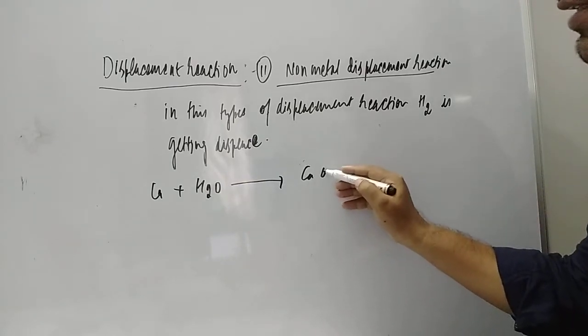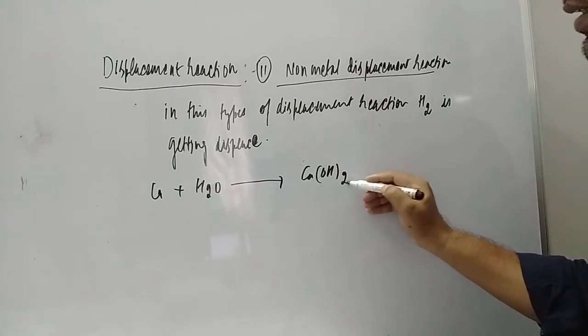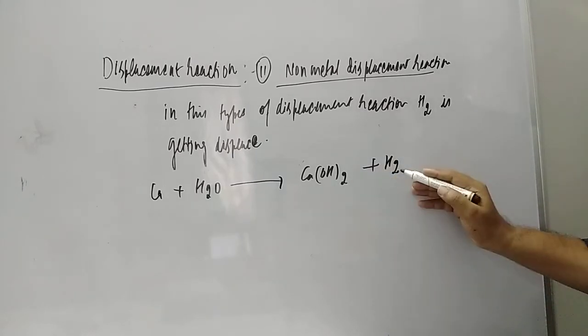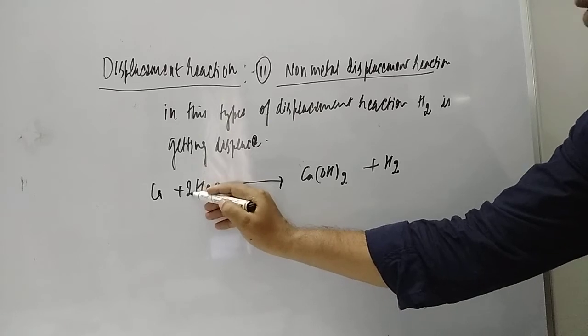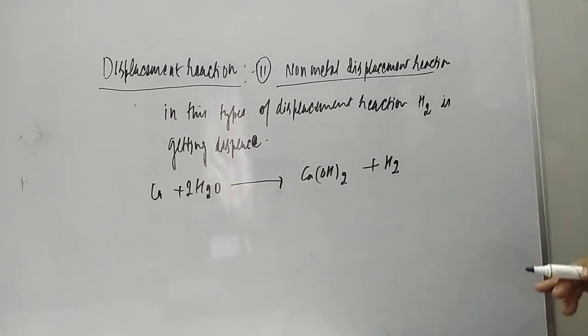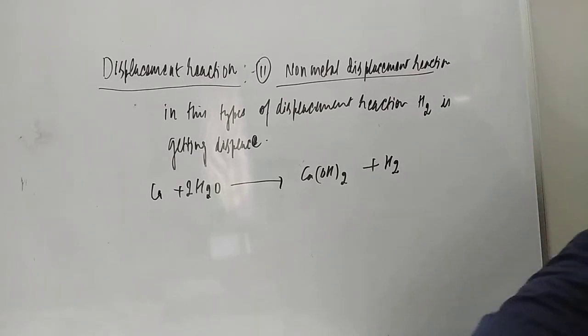It will give calcium hydroxide, which you already studied in 10th standard, plus hydrogen. So multiply by 2: 2 oxygen, 4 hydrogen on both sides. That is balanced.